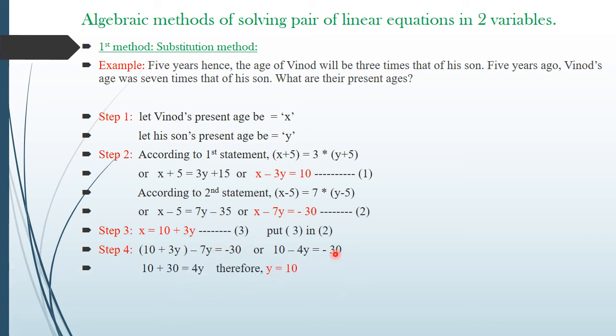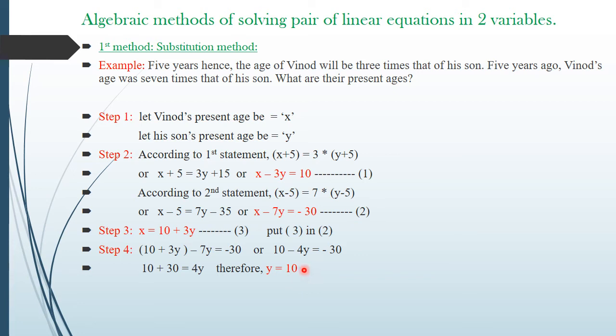Or I can write taking 30 on the left side of the equal sign and sending 4y on the right side, that will be 10 plus 30 is equal to 4y. Therefore 10 plus 30 is equal to 40. I get 4y is equal to 40. Therefore the y value I get is 10. Now substituting this y is equal to 10 in any of the equations, that is 1, 2 or 3, I will get the x value.